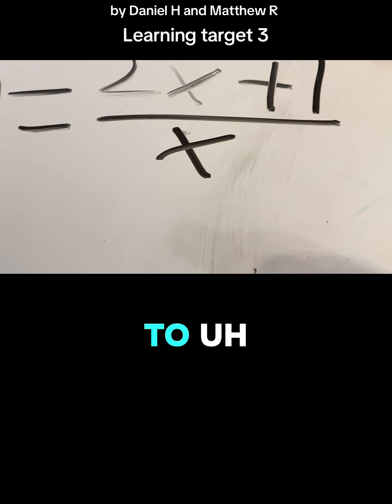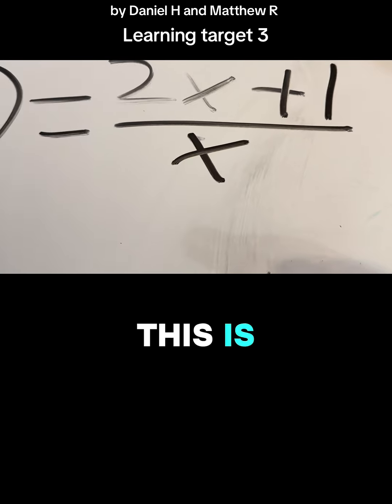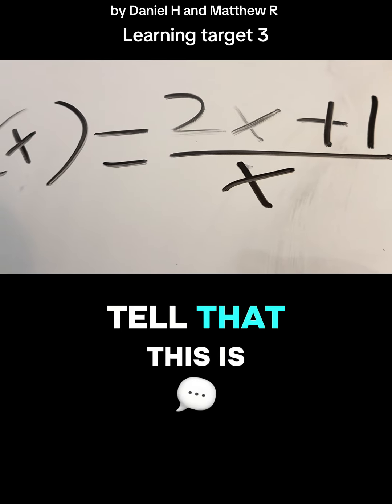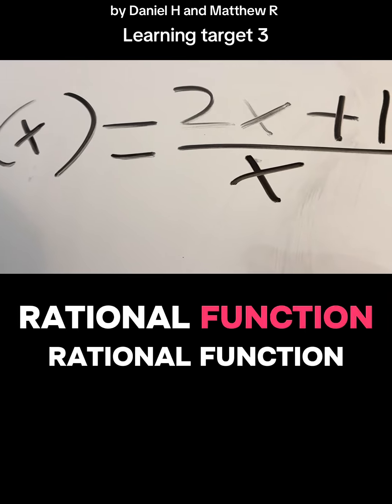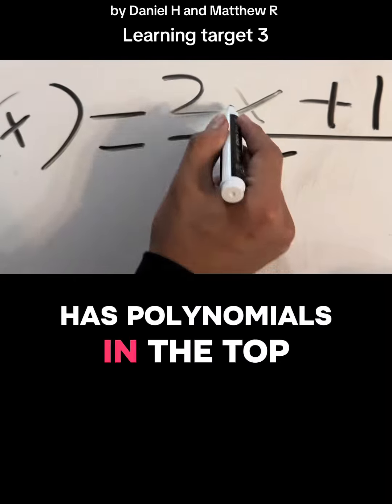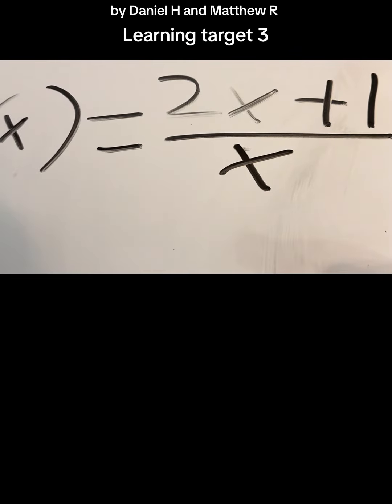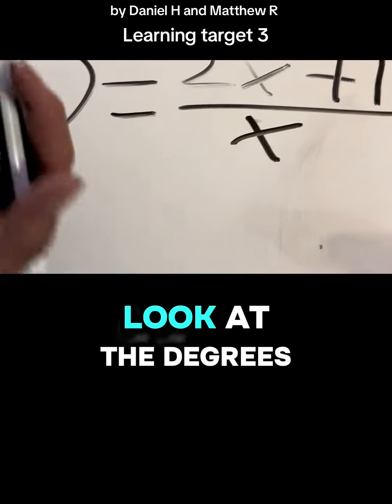Right now we have to identify step by step what kind of function this is. We can tell that this is a rational function, because it has polynomials on the top and bottom. It is a fraction with polynomials. Now we have to look at the degrees.